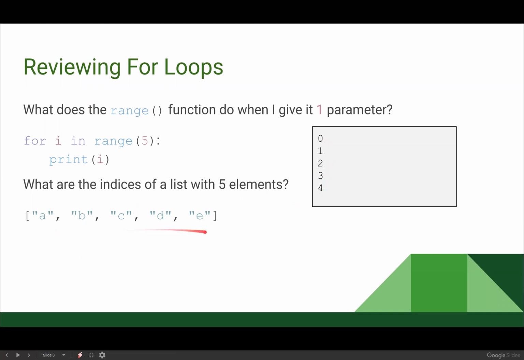And what are the indices of a list with 5 elements? So what is the index of the first element in my list? Remember back to the day we discussed tuples, we said that each element in a list or in a tuple has an index.